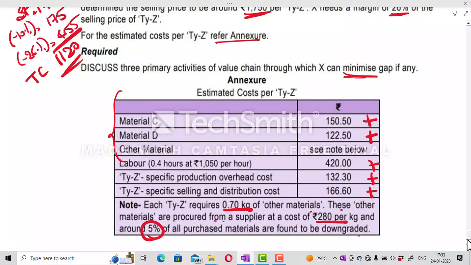So 0.7 into 280 will be the cost, 196. But this is after downgrading, means only 95% is the value of 196. Then what will be the cost for 100%?